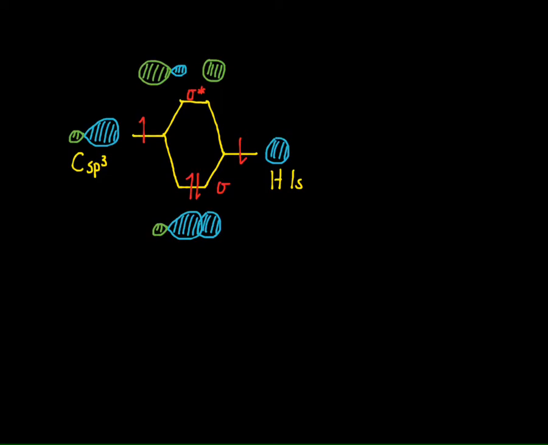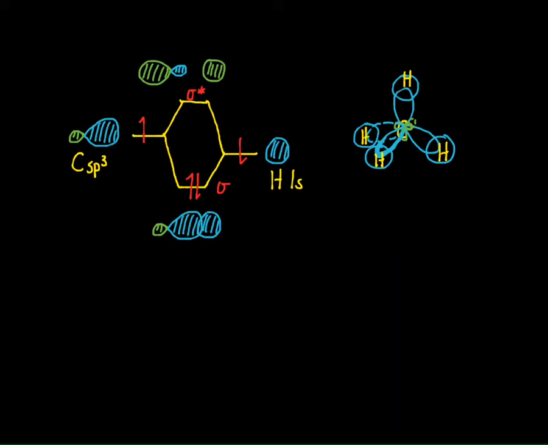And in terms of the entire structure of methane, if we denote carbon that has an sp3 orbital here, another also in the plane of the board, then we have an sp3 orbital coming out at us and an sp3 orbital going behind us. And each one of these is going to overlap with the 1s orbital of hydrogen here, here, here, and here, right?